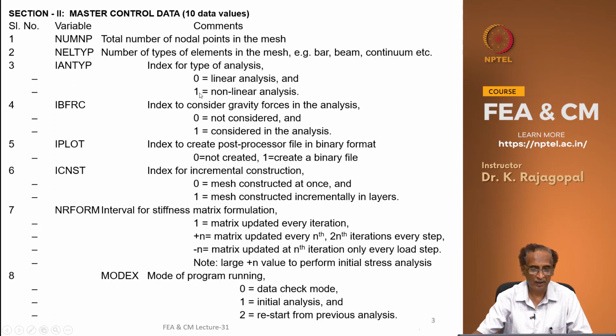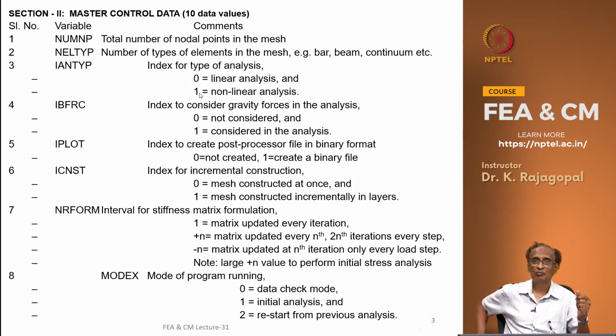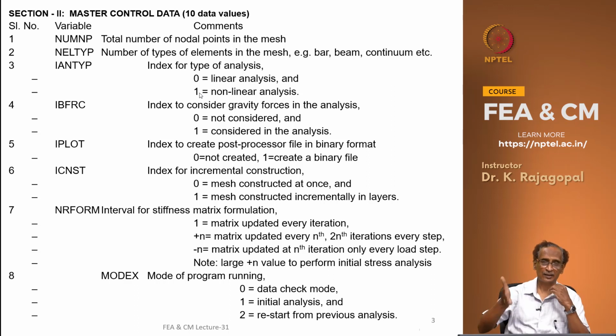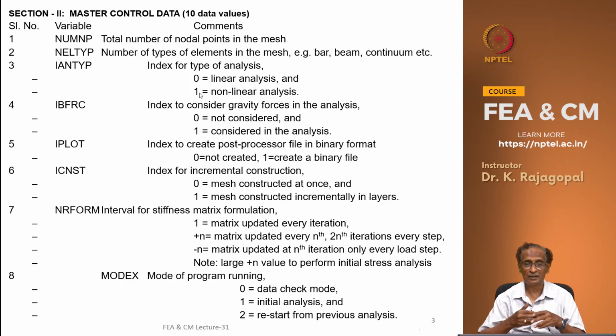And if you give it as 1, then the program will calculate the reaction forces, and this value is also automatically chosen by the program in case you have any incremental construction or excavation. This has to be 1, because you require your B transpose sigma or N transpose B vectors, and then if any of your materials has elastic plastic constitutive matrix, that also requires it.